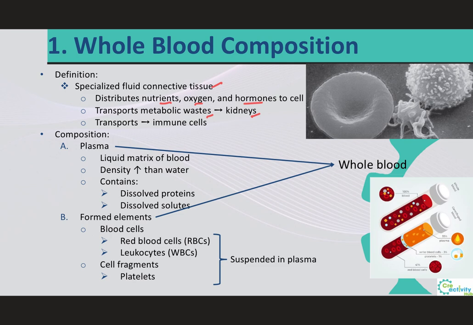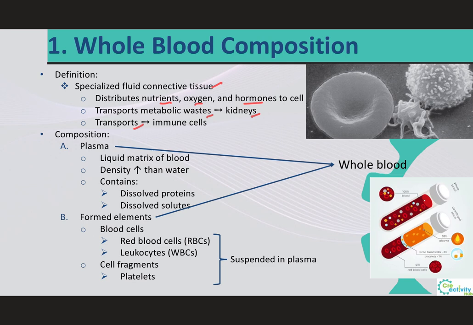And lastly, it will also transport immune cells that are specialized cells that will defend peripheral tissue from infection and disease. And in this way, it will be protecting our body from foreign pathogens. And these are just some of the general functions of the blood. Now, the functions that are performed by the blood are going to be absolutely essential.